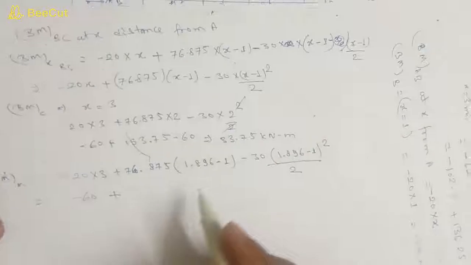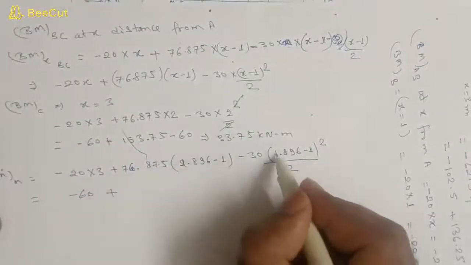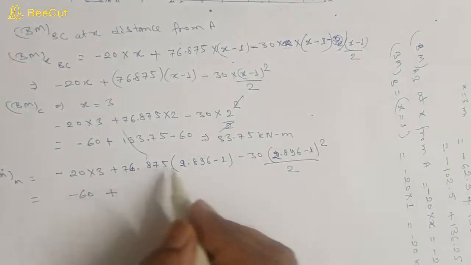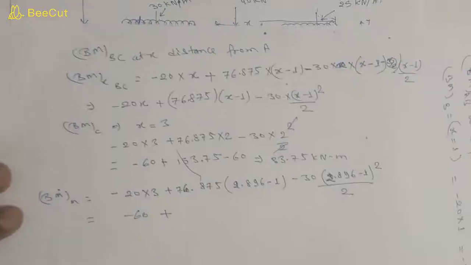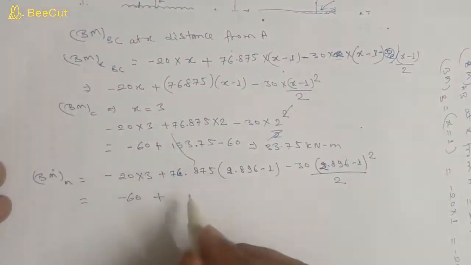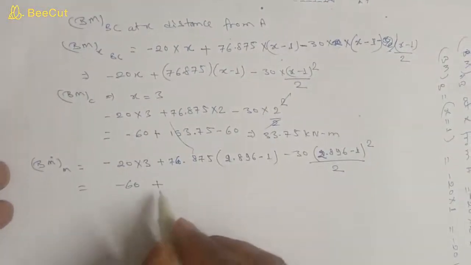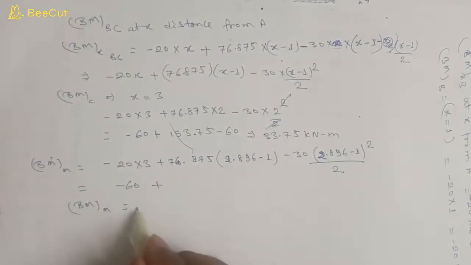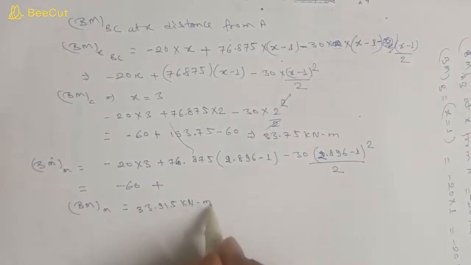So this value will be 2.896. So if you calculate this value from the calculator, then you will get bending moment at M equal to 33.915 kilonewton meter.